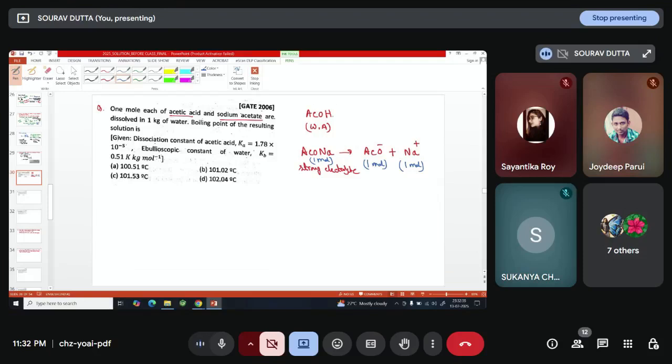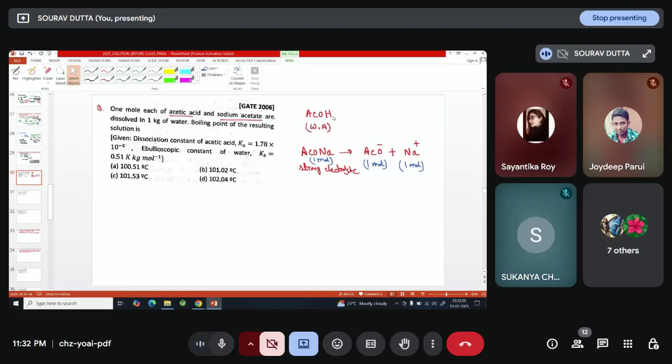Okay, but acetic acid is a weak acid, and its dissociation is very less. So here we can ignore its dissociation.